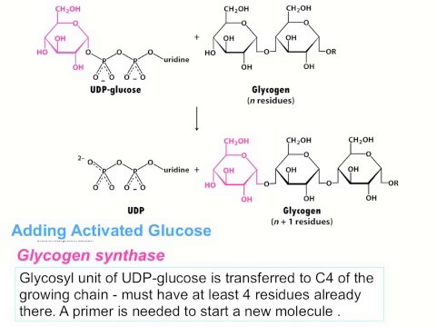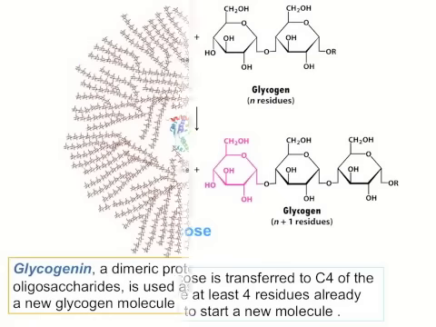The glucosyl unit of UDP glucose is transferred to carbon 4 of the growing chain. And this chain must have at least 4 residues already there for glycogen synthase to be able to use that glycogen chain as a substrate for addition. And so a primer is needed to start a new molecule.